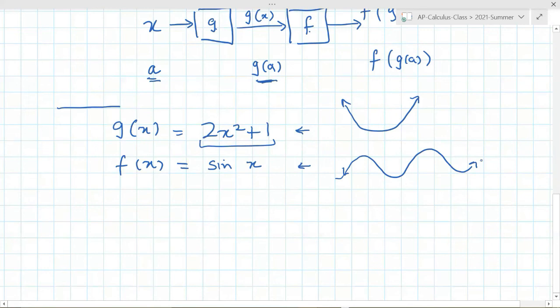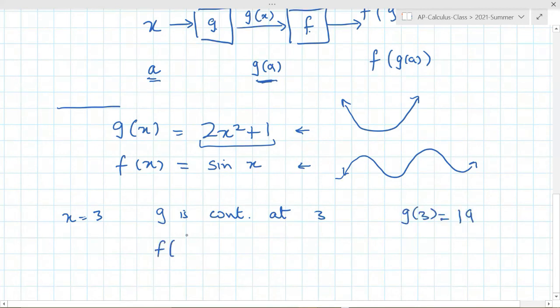Right? So any point we take, let's say we will take, say, x equals 3, right? Then g is continuous at 3, correct? And what is g of 3? 19. F of x is continuous at 19 because it's continuous everywhere, right?